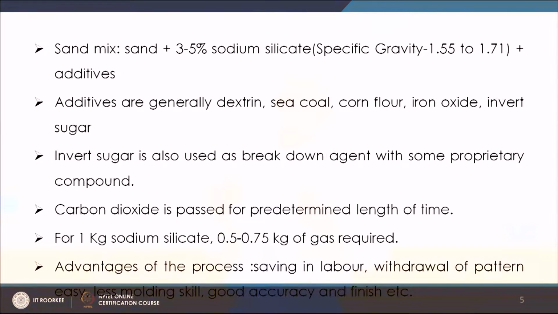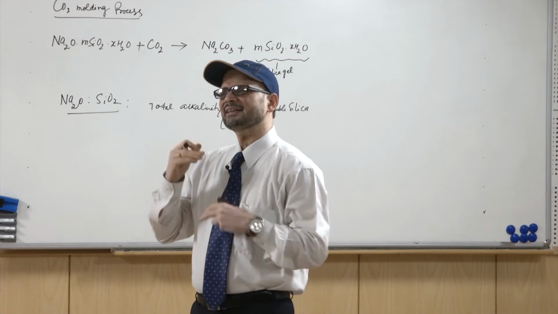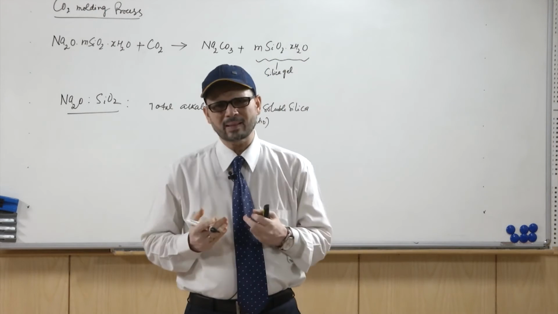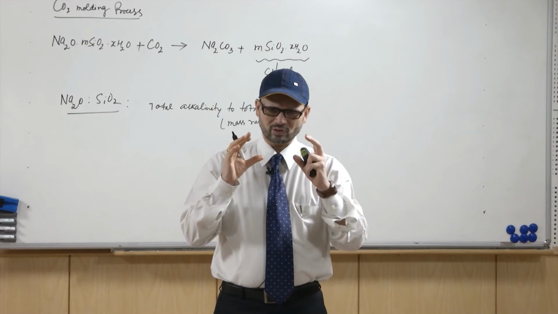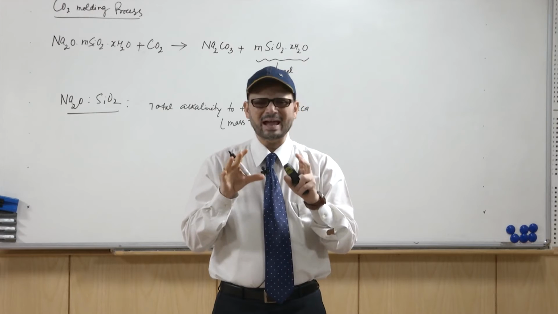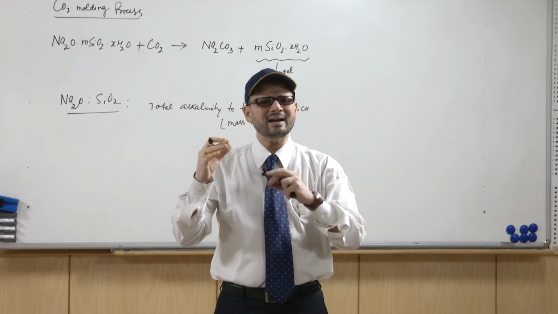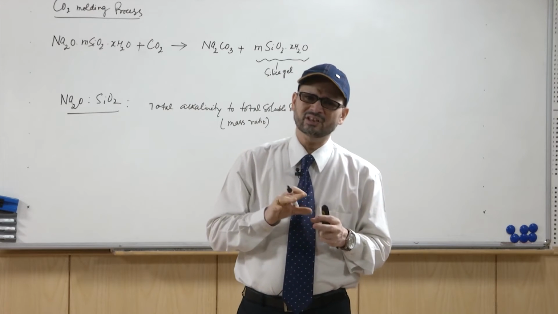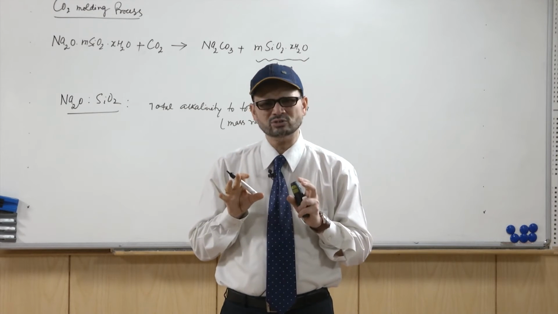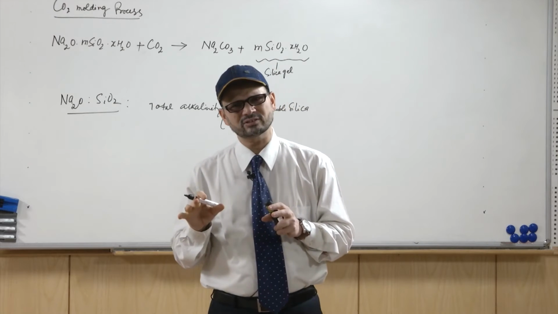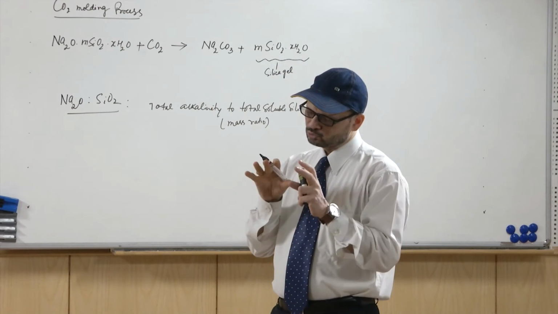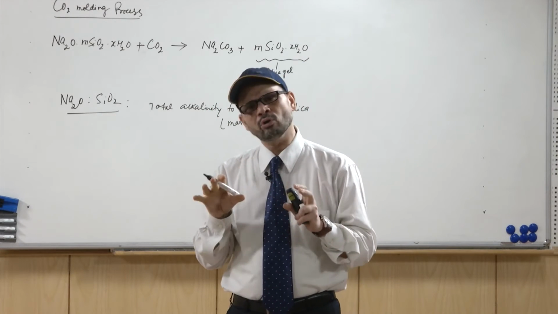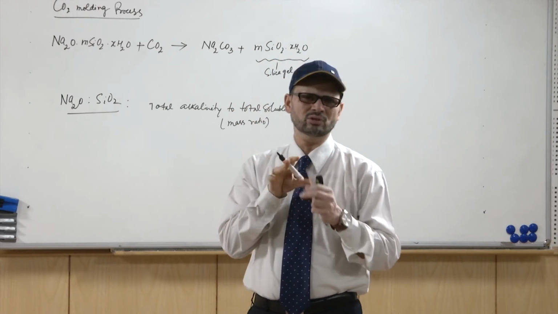It has also been seen that if you allow the gas to pass through at a slower rate, the hardening is better than when you allow the gas to pass through at a fast rate. So, you should try to maintain an optimum rate of even flow of the carbon dioxide gas through the mold.